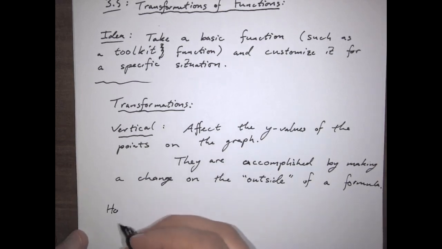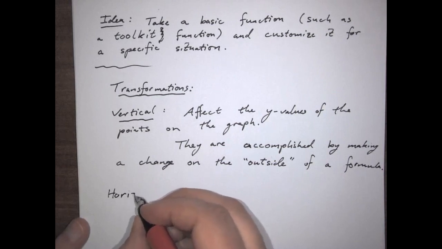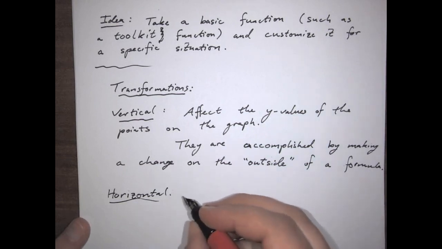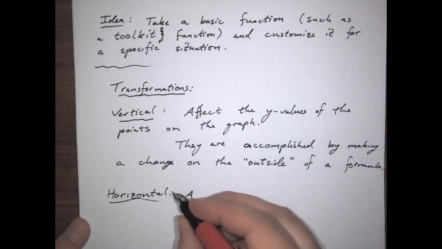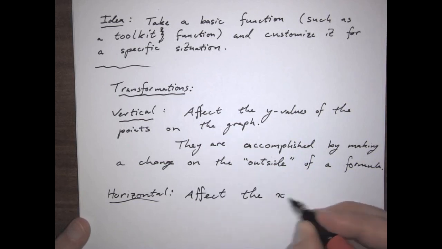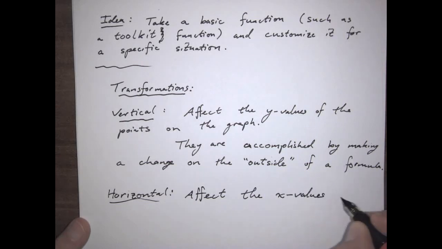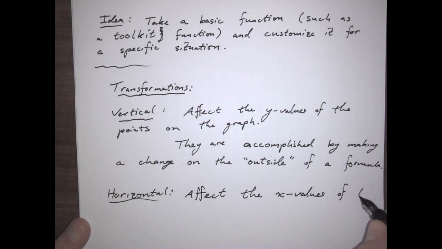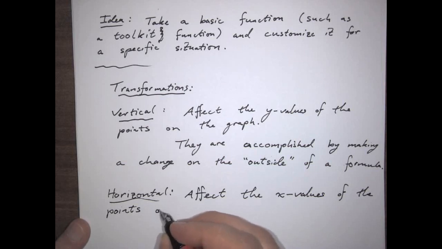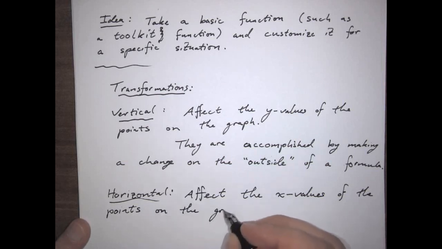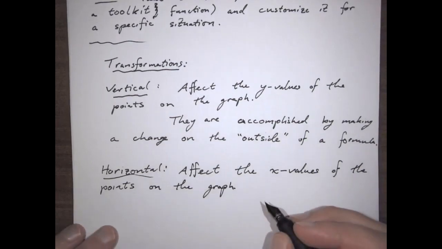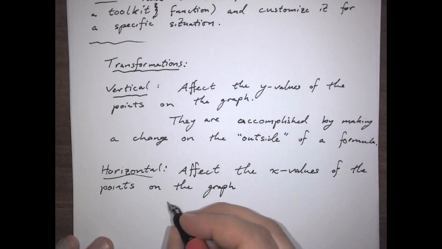Then the other side of things is horizontal. Horizontal transformations affect the x values of the points on the graph. And they are accomplished not by doing anything on the outside, but rather they have a different philosophy.